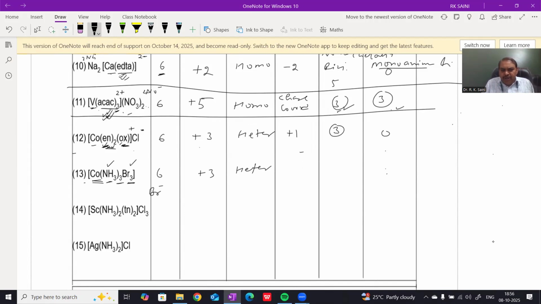Here bromide and ammonia are all present inside the coordination sphere. Therefore, the coordination sphere is a neutral sphere, because cobalt carries +3 and bromide is -3. Net charge on the coordination sphere is 0.